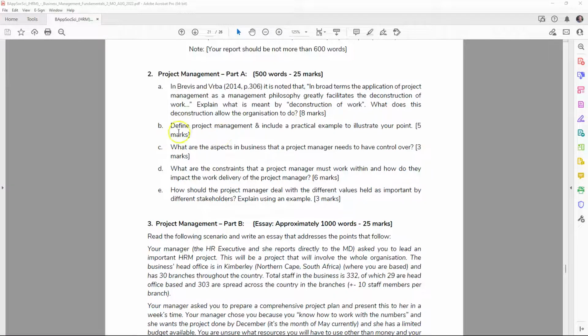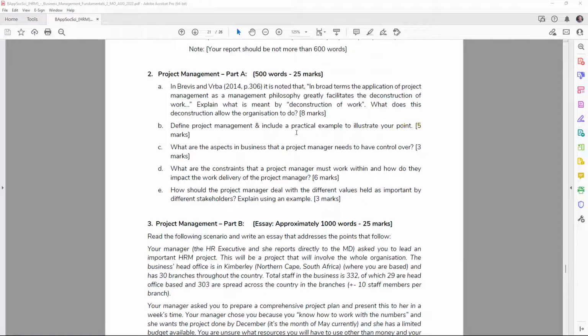And then you also define project management. You'll have a definition in a textbook. The Project Management Institute, the PMI, if you want to do a search, will have a definition of project management as well. And then include a practical example to illustrate project management.